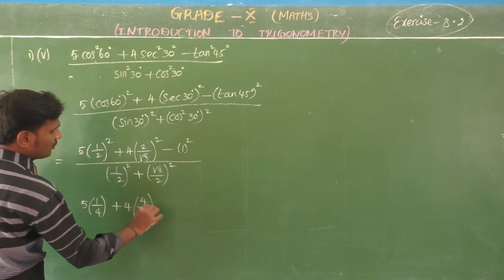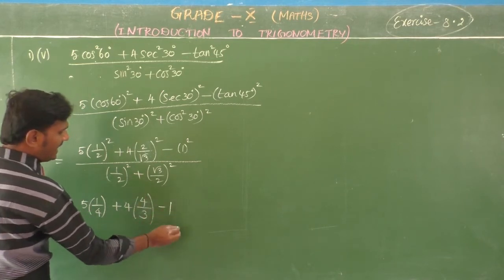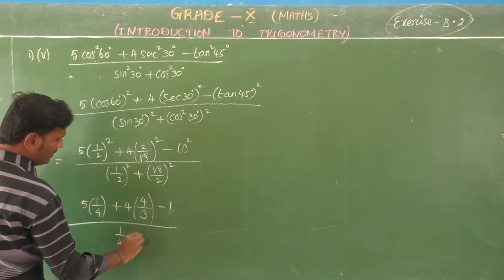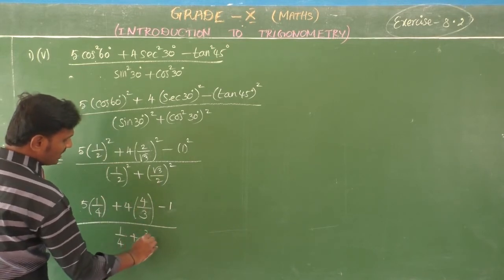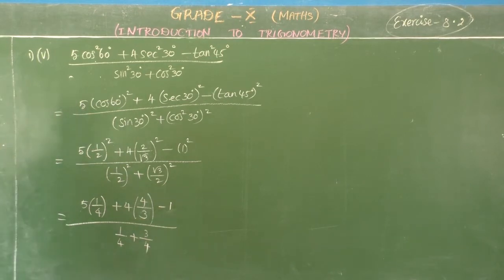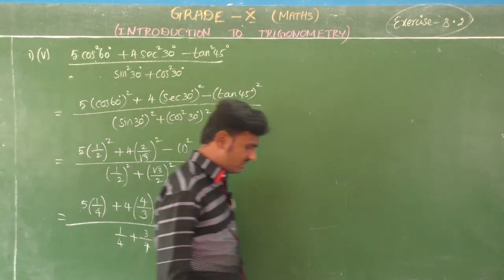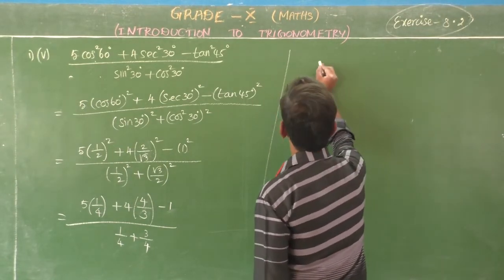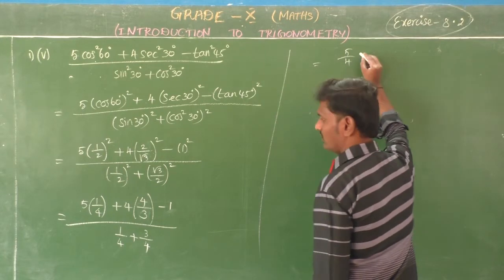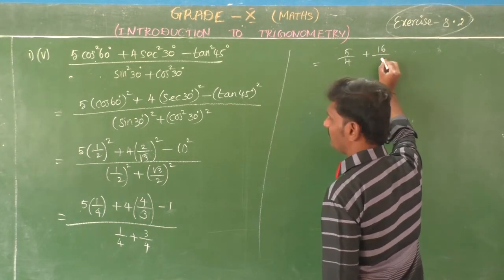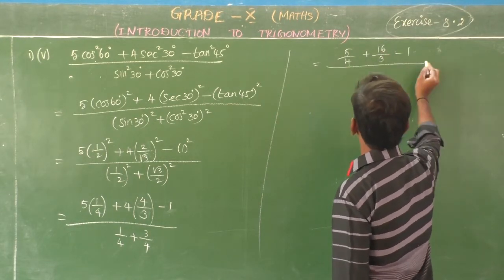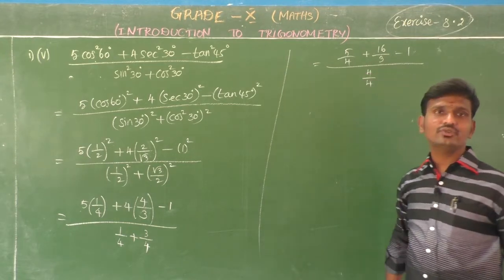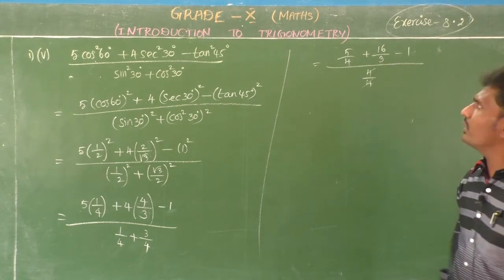So 2 2s are 4 by 3 minus 1, the whole divided by (1 by 2) the whole square is 1 by 4 plus (root 3 by 2) the whole square is 3 by 4. Okay, yes. Now I am going to simplify this to get 5 by 4 plus 4 4s are 16 by 3 minus 1, the whole divided by, add and get, you have the same denominator, so 1 plus 3 is 4 by 4, 4 by 4 cancel.